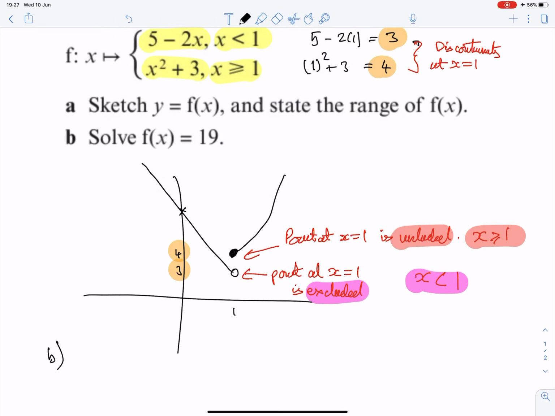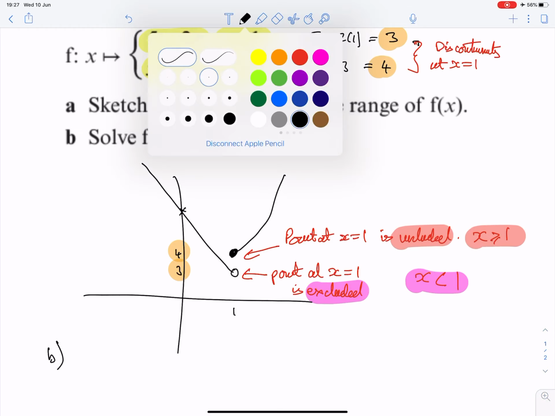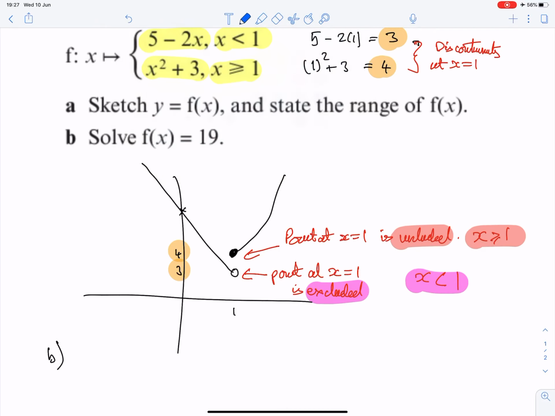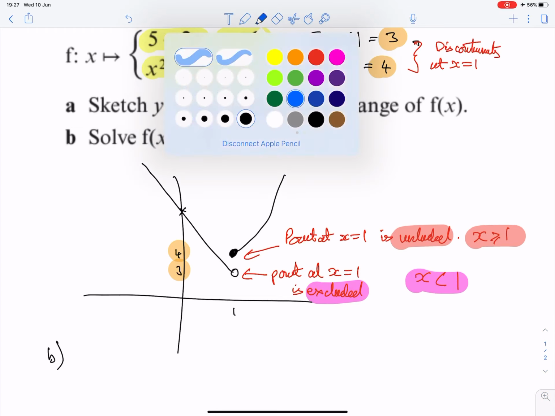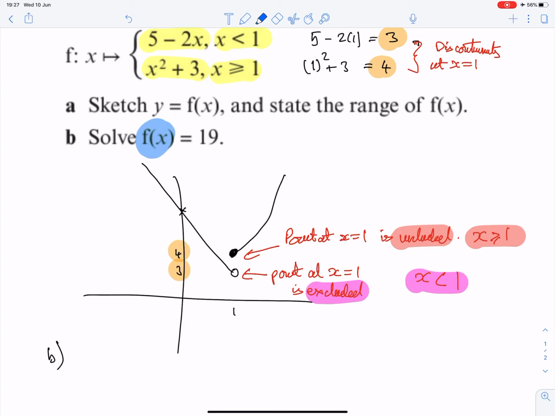F of x equals 19. Well, if we go back to the graph, that's a really helpful starting point, because f of x, remember, is our output values. So our output value is 19.